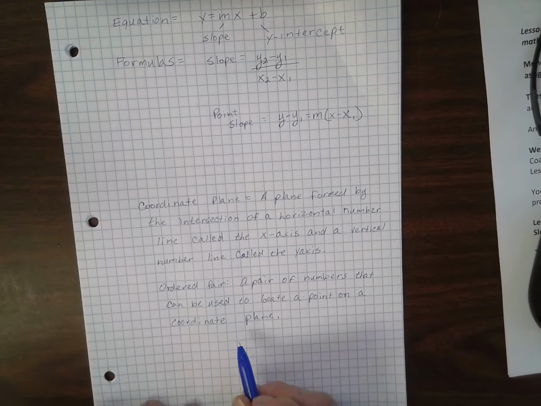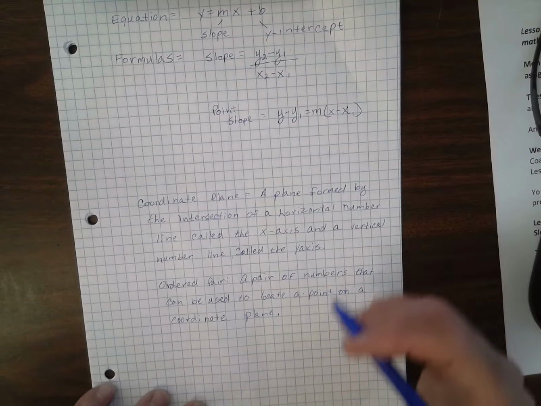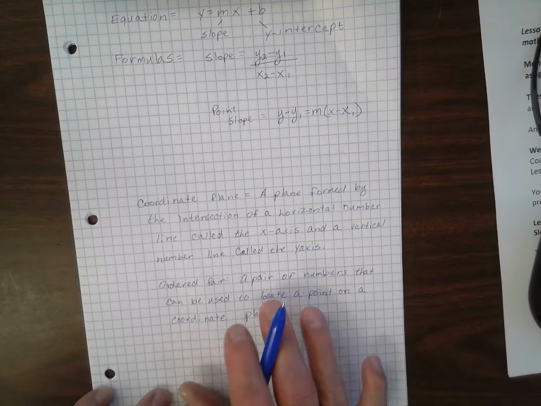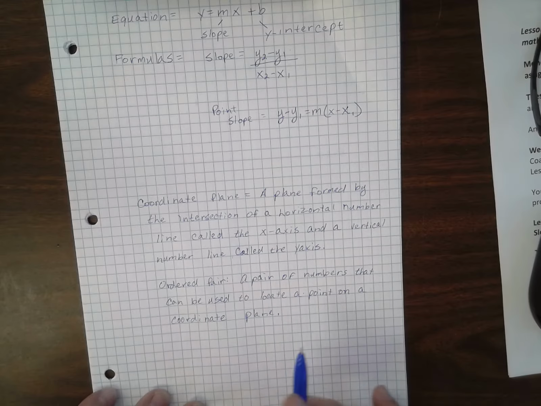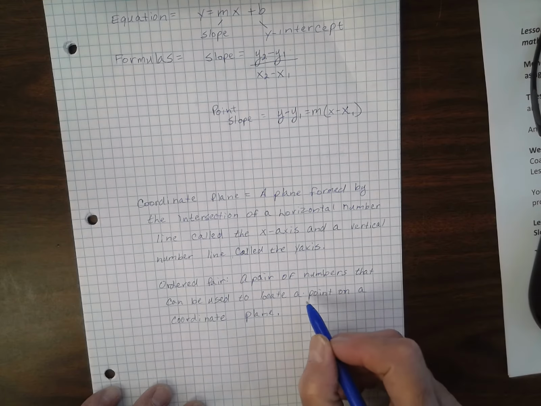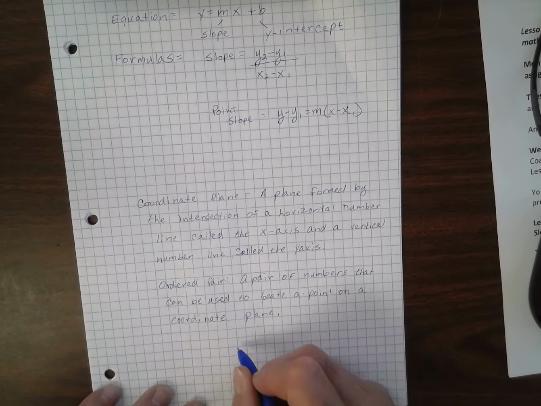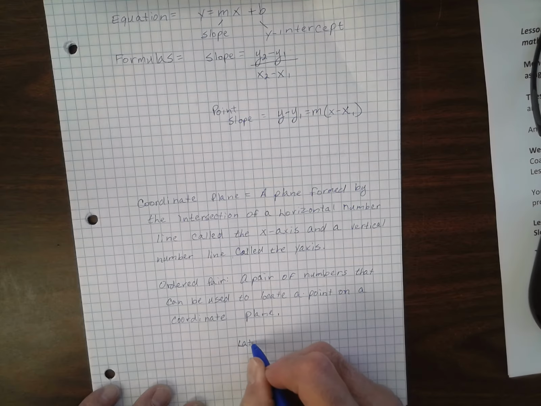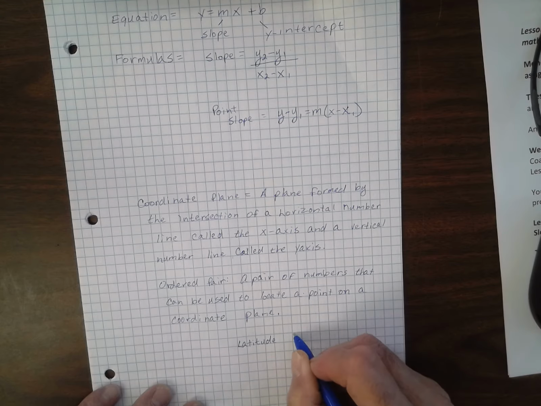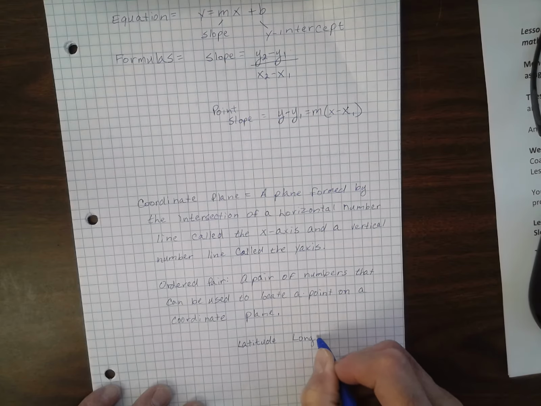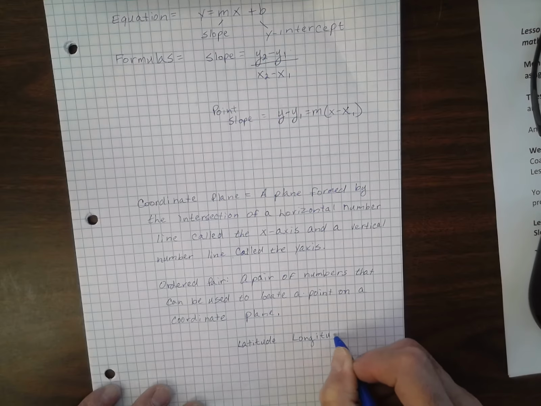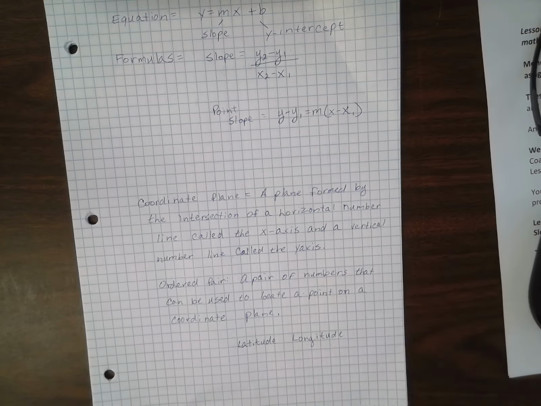Now let me give you an example. We're talking about the math we're covering right now here, but let me give you another example of x and y axis: latitude and longitude. Latitude is up and down, longitude is left and right.